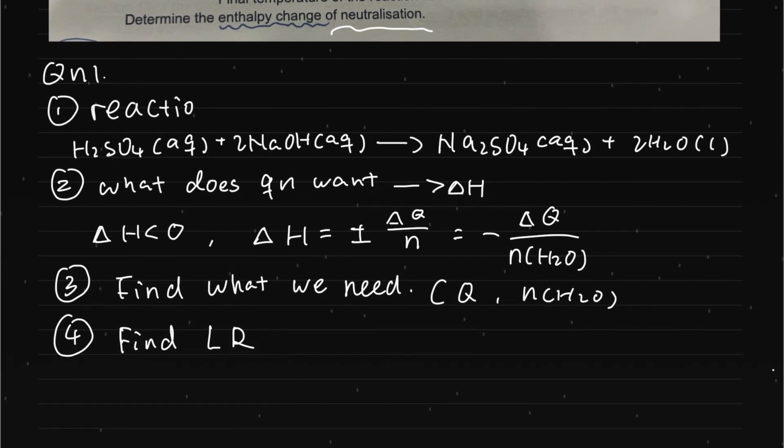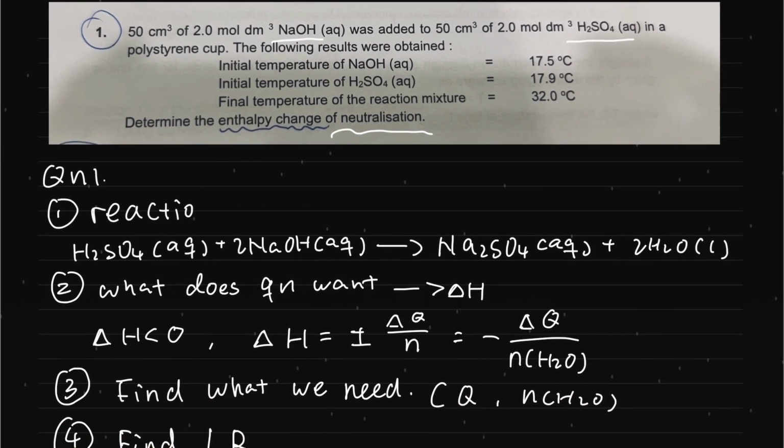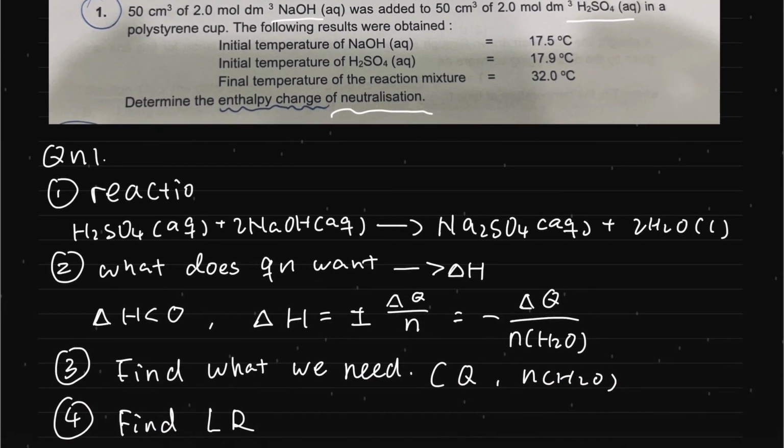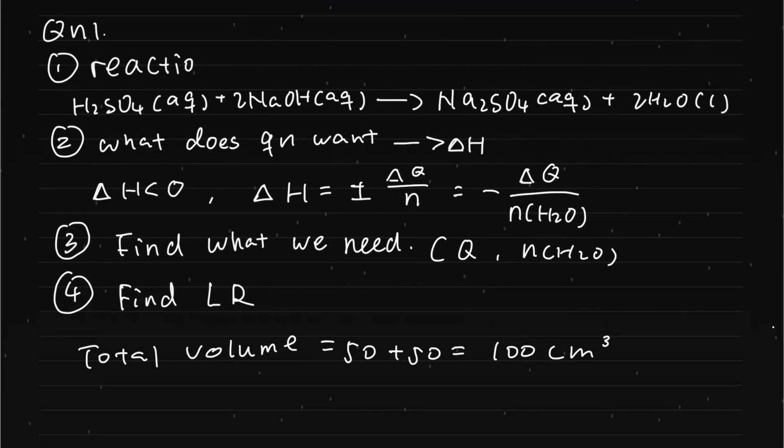The first step is to see how many substances we have here. So 50 cm³ of NaOH and 50 cm³ of H2SO4. So the total volume equals 50 plus 50 equals 100 cm³.